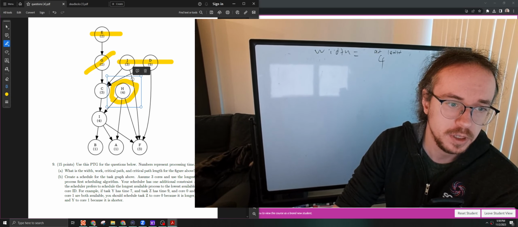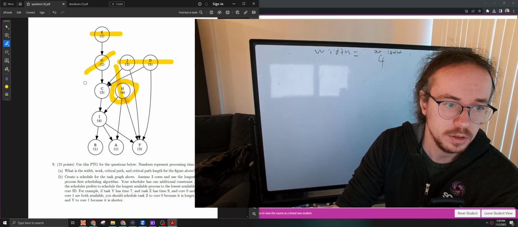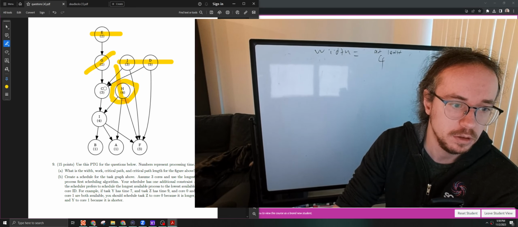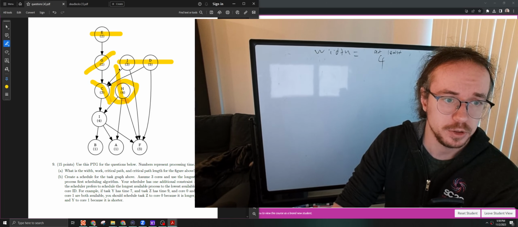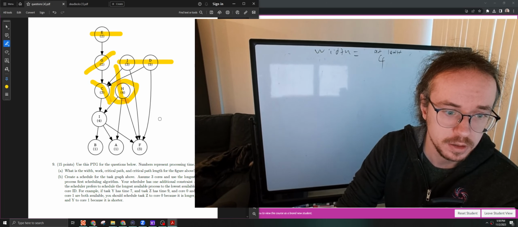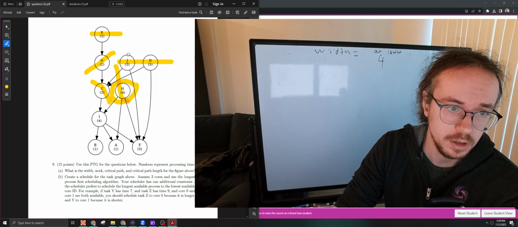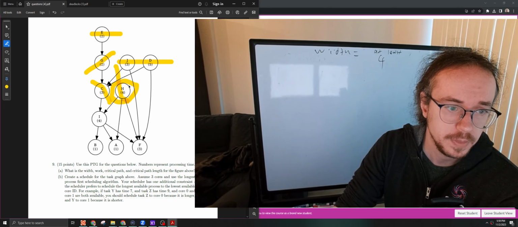So as we go through this, you could mark out H if you wanted. You could also mark out C, or leave C alone for now. It doesn't really matter. As you proceed through this, you will have unlocked F because all of its parents are finished. You will unlock I because all of its parents are finished.